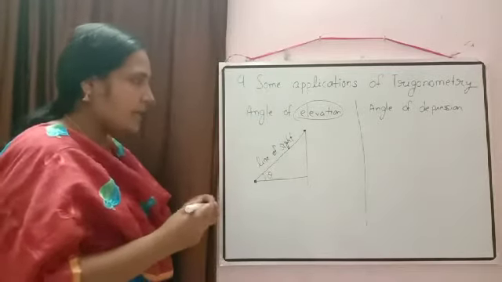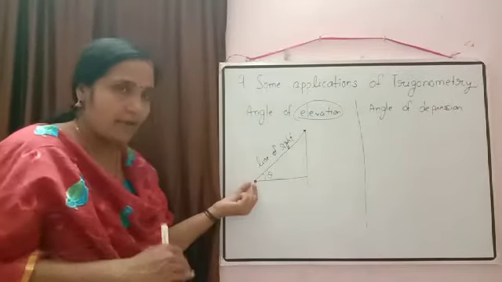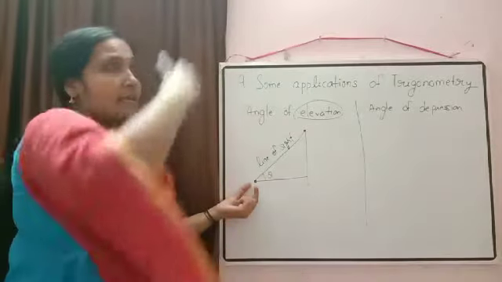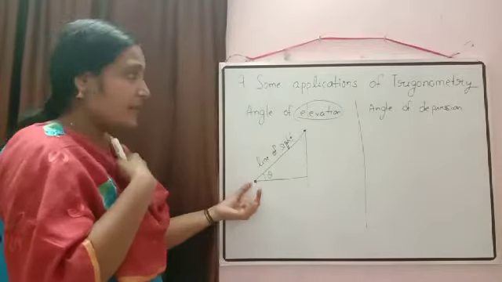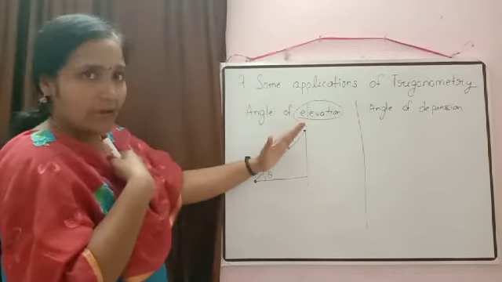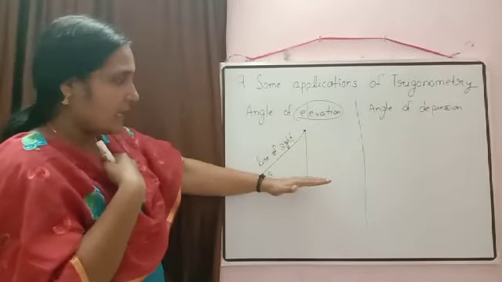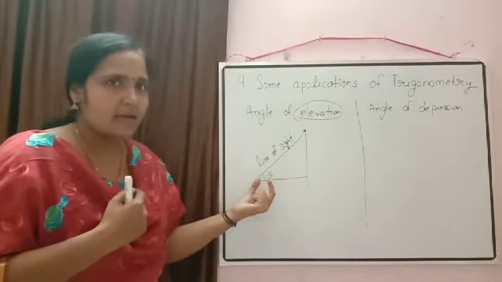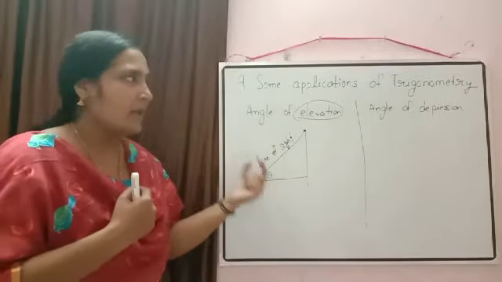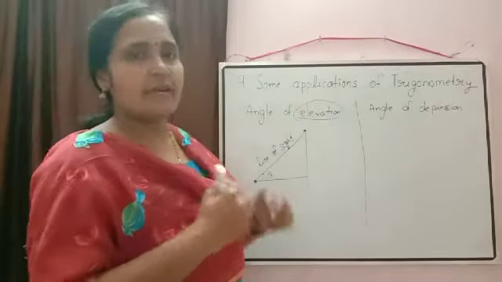So remember, if you are at the bottom and you are looking at an item which is at the top, meaning you are looking upward, then the angle between the line of sight and the horizontal line is called the angle of elevation. Clear? Okay, now next is angle of depression.